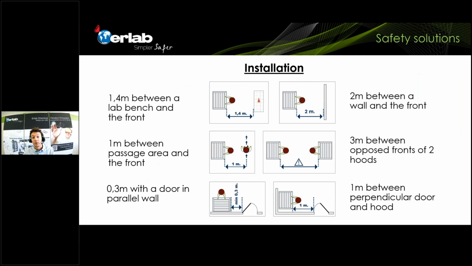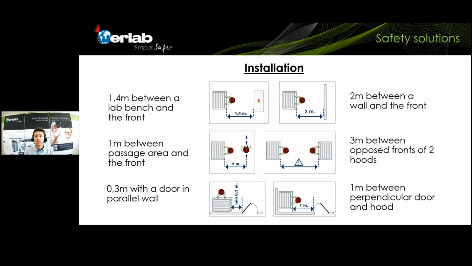Installation, very important as well. As I mentioned when we were talking about containment, the airflow, the airface velocity can be influenced by people who pass just alongside the fume hood. So it's really important that when you work with your safety solution, when you have these ventilated enclosures, you try not to disturb the airflow. And how can you do that?